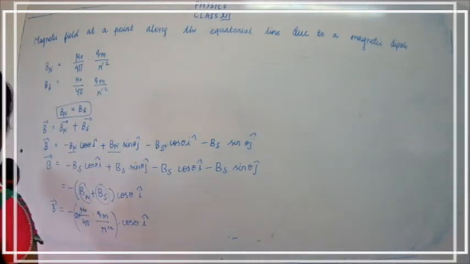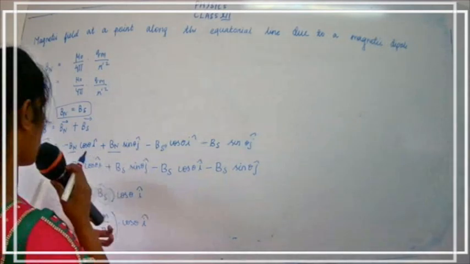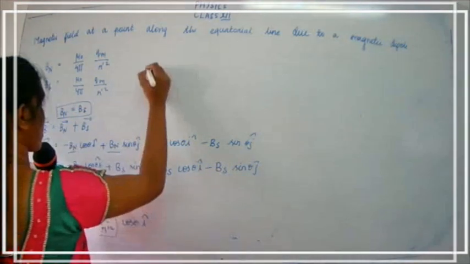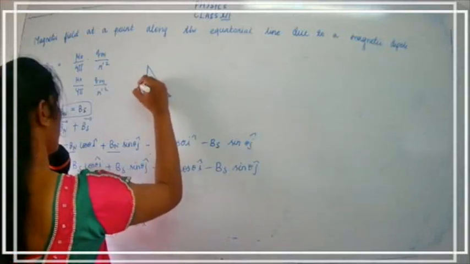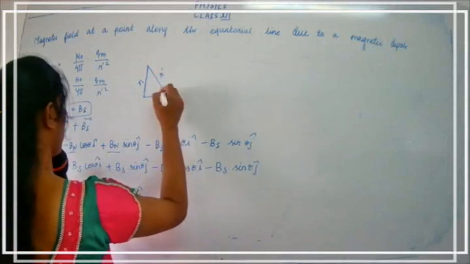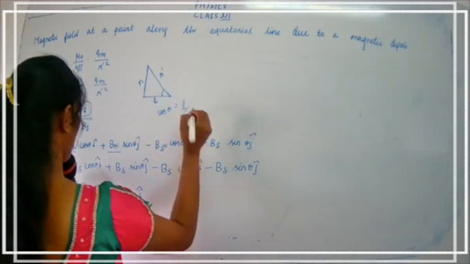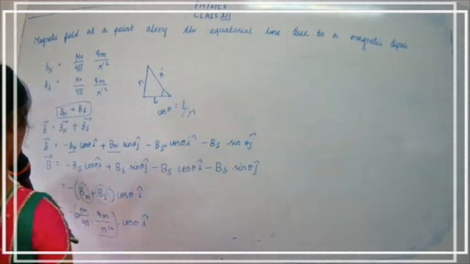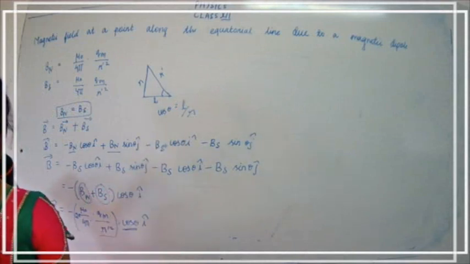Right, now we are going to find r dash. Draw the diagram in that triangle itself. Take a right angle triangle, r here, r dash, and this is L. So apply cos theta: cos theta equal to L by r dash.